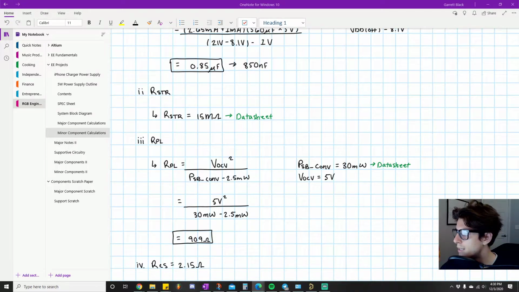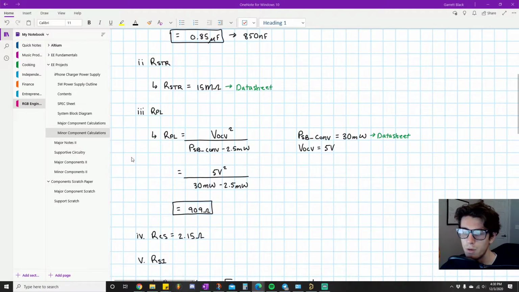If you Control F for PSB_conv, it tells you it's equal to 30 milliwatts. If you plug in these numbers, you get an RPL of around 909 ohms for that output. It's extremely straightforward.